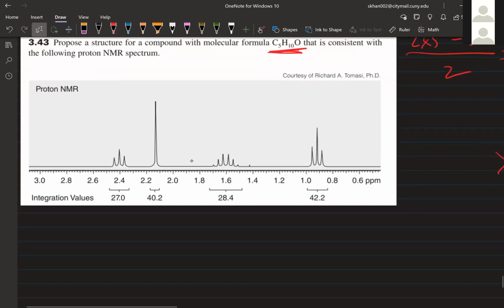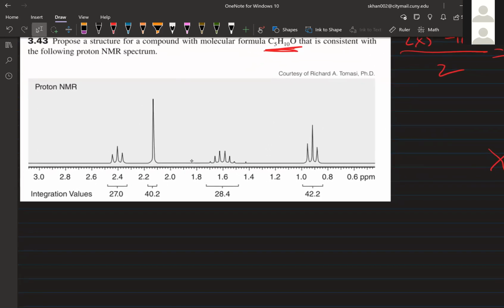So let's start looking at things. First thing, what should we do in terms of integration? You want to convert it to what? Divide by the lowest, to make it relative to the molecular formula.